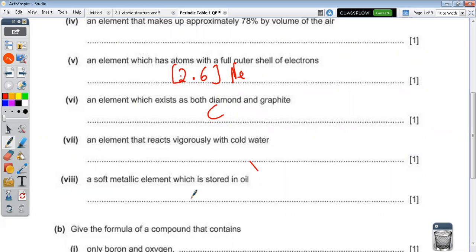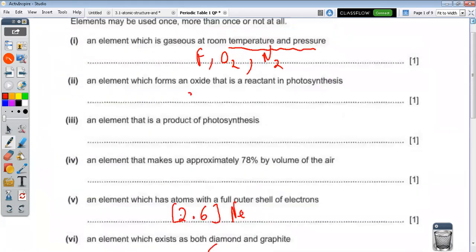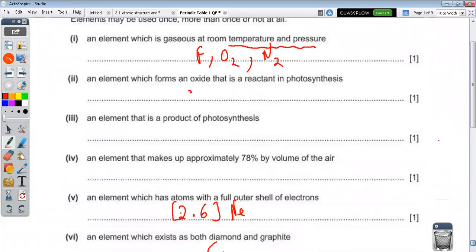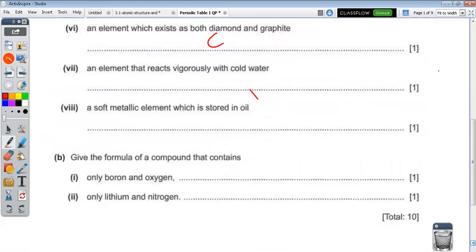An element that reacts vigorously with cold water, which one? It can only be lithium.